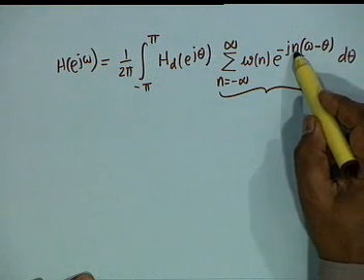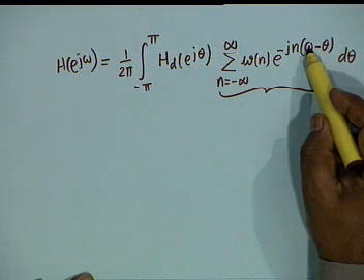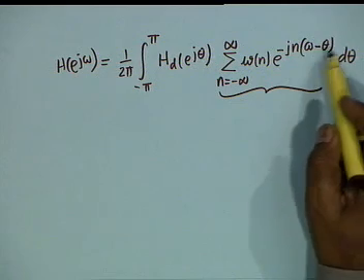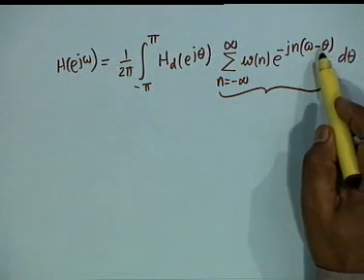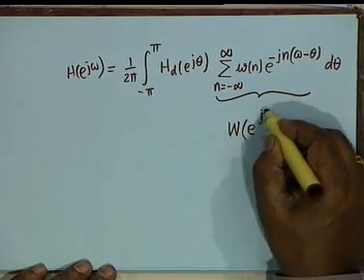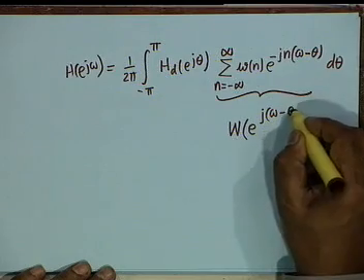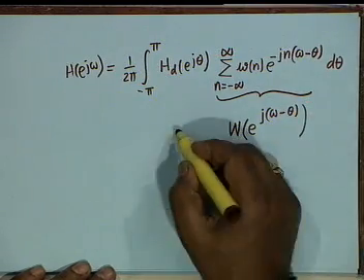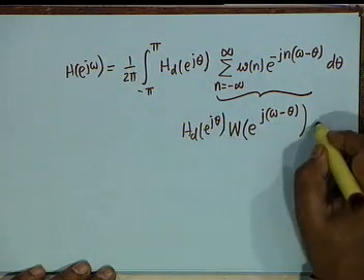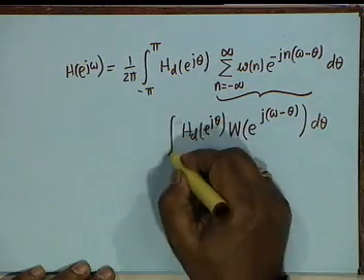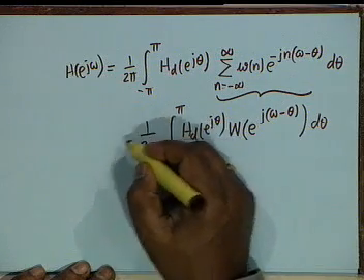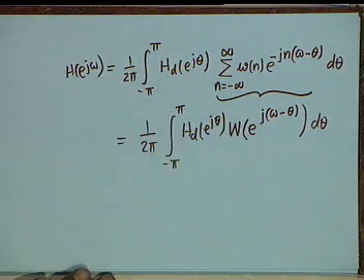If there was only e^(-jnω), it would have been capital W(e^(jω)). Now since it is ω minus θ, therefore we shall have capital W(e^(j(ω minus θ))). So H_d(e^(jθ)) dθ, integral from minus π to π, 1 over 2π, that is what it is equal to.